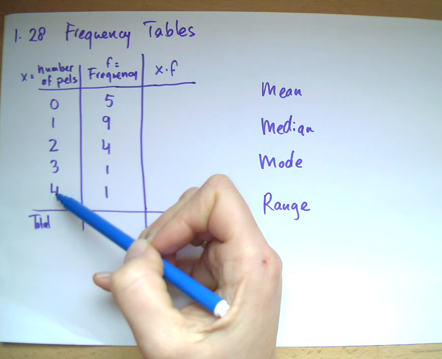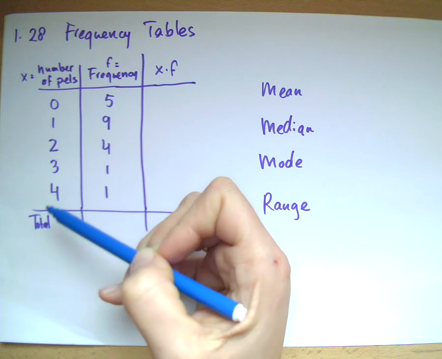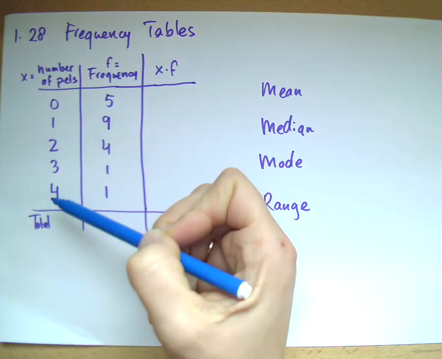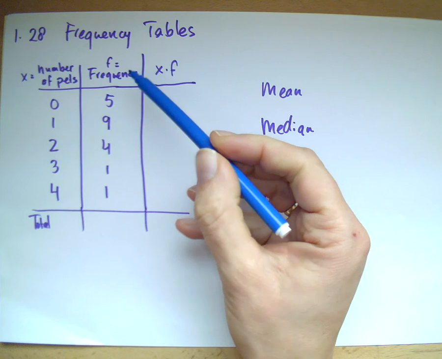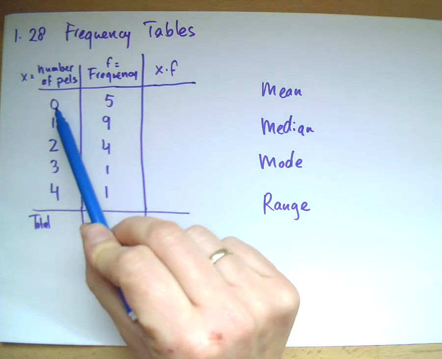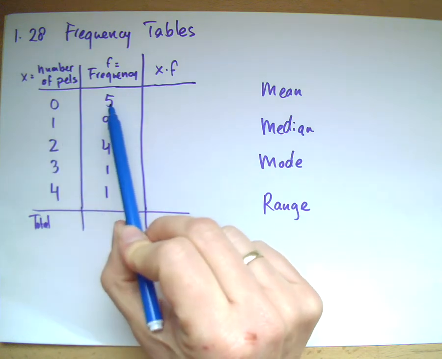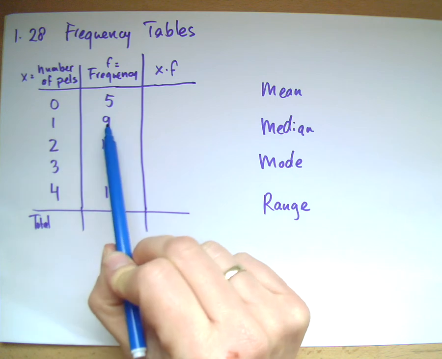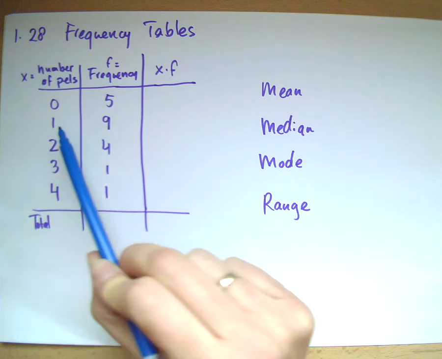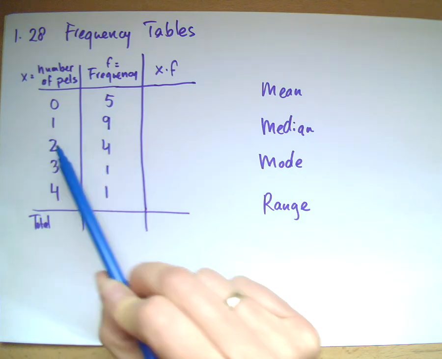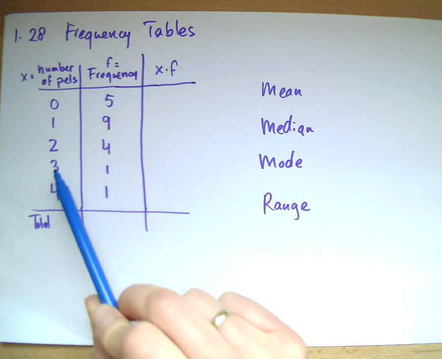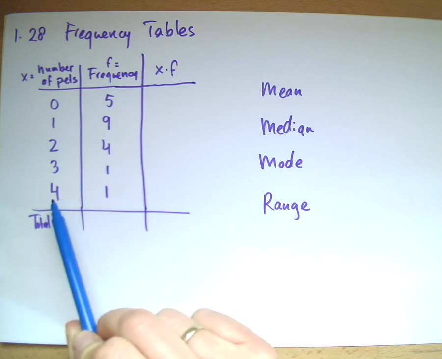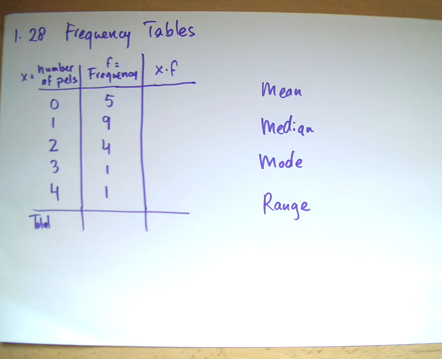There were no instances where people reported having 5 or more pets. The maximum was 4. So how many people said they had no pets? There's 5 people that said that. 9 people said they had 1 pet. 4 people said they had 2. 1 person said they had 3 pets, and 1 person said they had 4 pets.